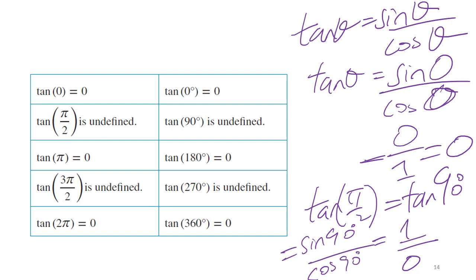Is it 0? No, it's not. You can't divide anything by 0. It is undefined. Mathematicians still haven't figured out what to call something divided by 0. Because cos 90 degrees is 0 and we're dividing by it, tan pi over 2 would be undefined.